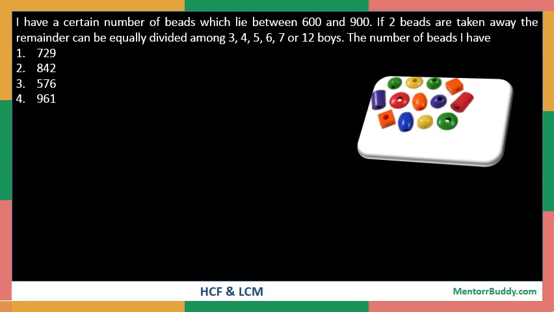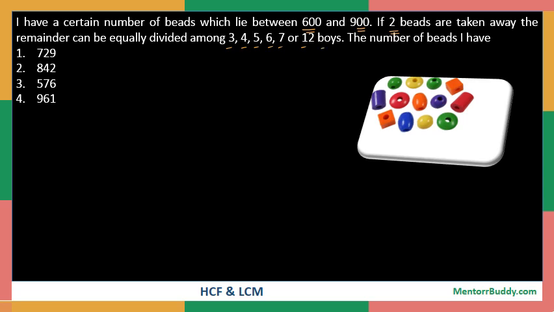As it is given, the number of beads that I have should lie between 600 and 900. It is also given that if we remove two beads, the remaining beads can equally be divided among 3, 4, 5, 6, 7 or 12 boys.